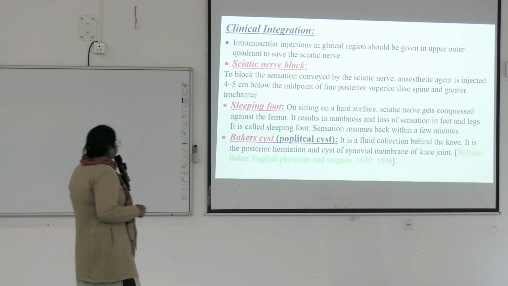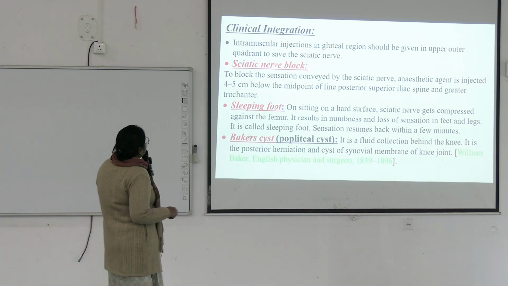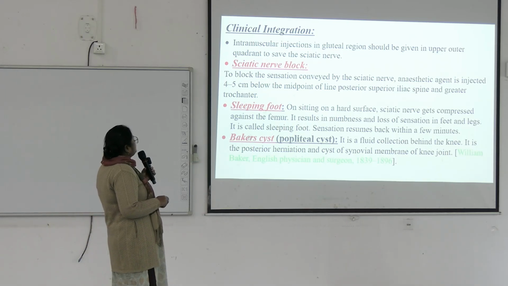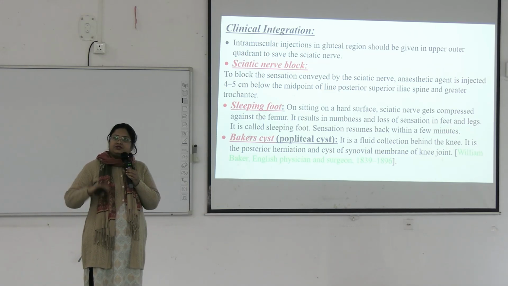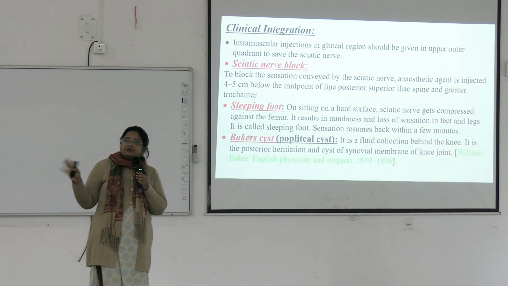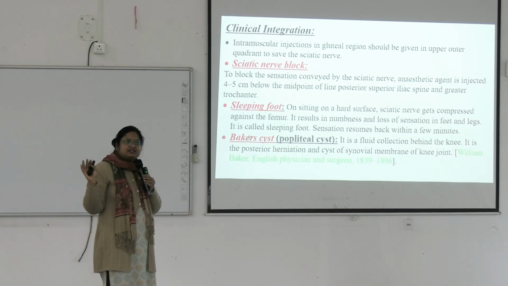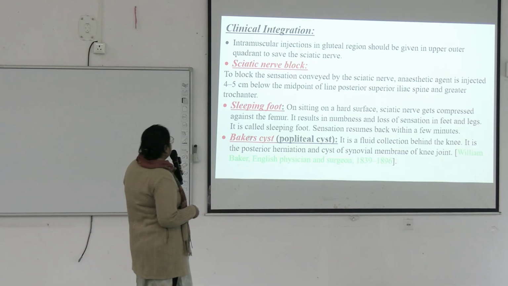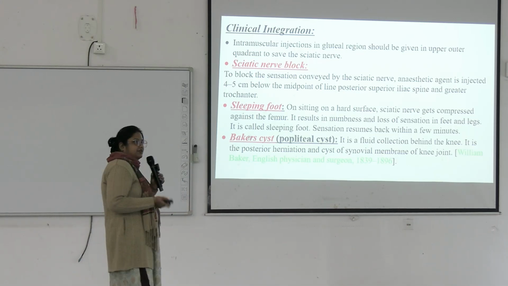So next, the sciatic nerve block. This intramuscular injection is given in the upper lateral region to prevent injury to the sciatic nerve, to prevent paralysis of the sciatic nerve due to needle stick injury. So this is the main reason. This comes as explain why. Another is sciatic nerve block.